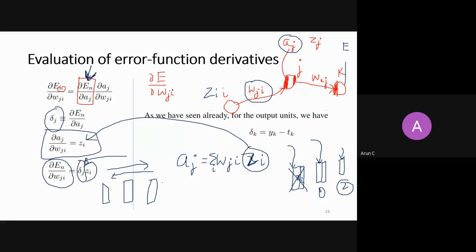Whatever error you have, it will propagate some fractions, or it affects in terms of derivative. So this delta is traversing back through each of the nodes. That's why I'm saying that a specific node is represented by delta j, right? So now we will see how to calculate this delta j.